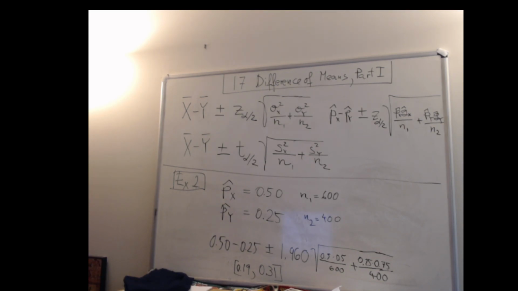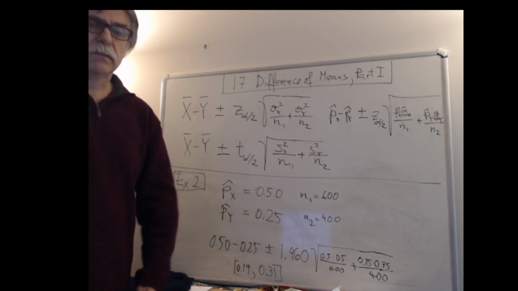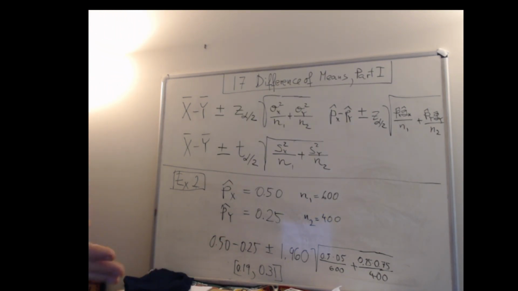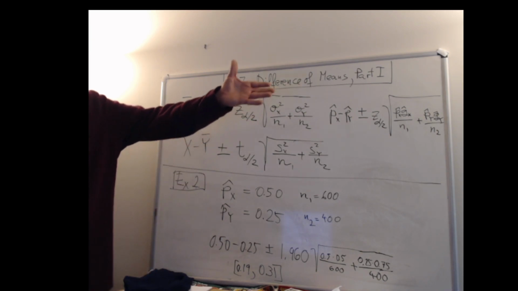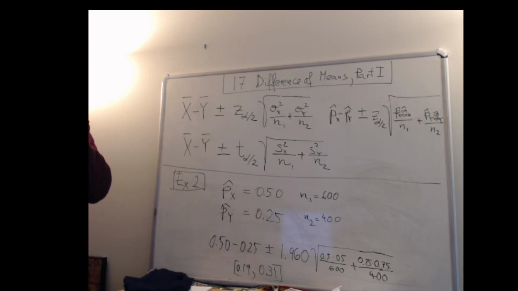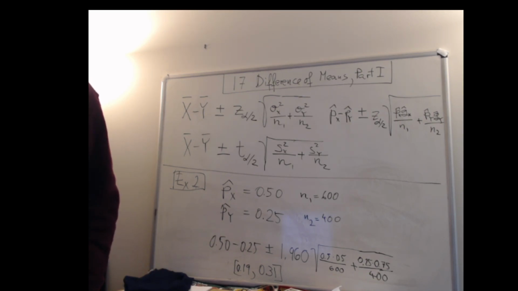It might be all the way up to 31% of teenagers would like that program more than the adults would. Okay, I just concluded that out of calculating the formula over there that I use, right? Okay, how about the t estimate?